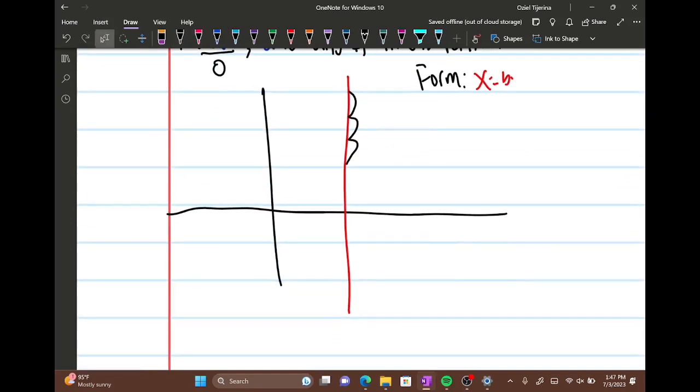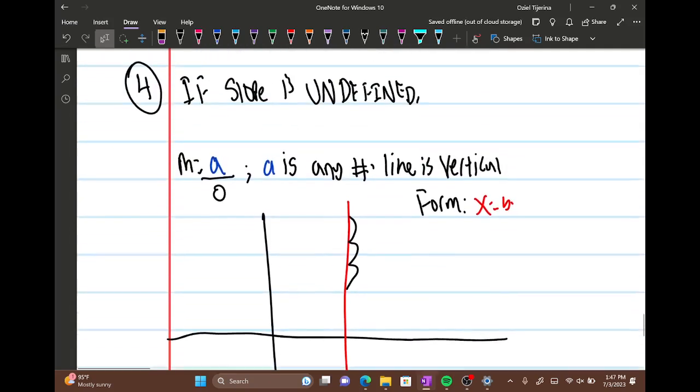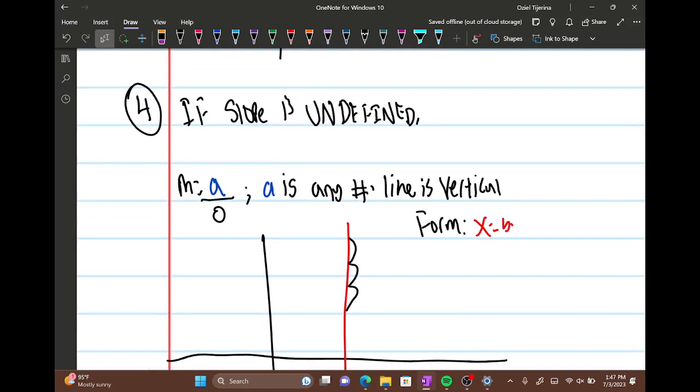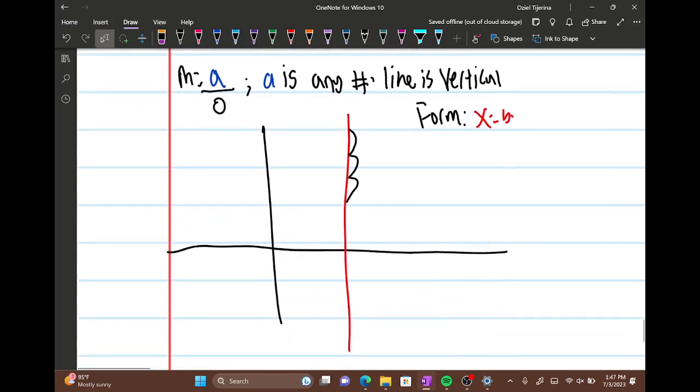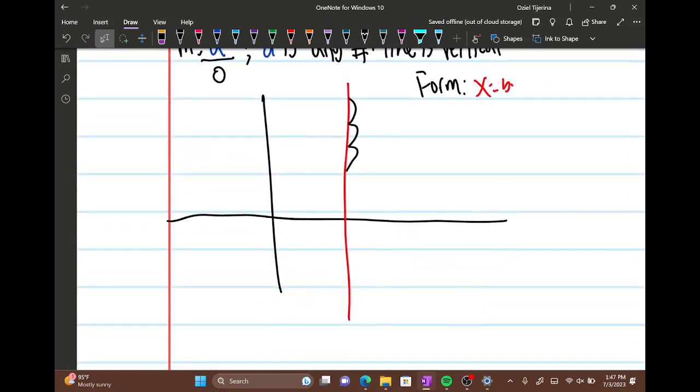If they give you graph y equals 3, y equals 4, it's going to be a horizontal line going through the y-axis. If they give you an equation x equals something, it would be a vertical line. Okay, I really wanted to make that very clear. It is a lot, guys.